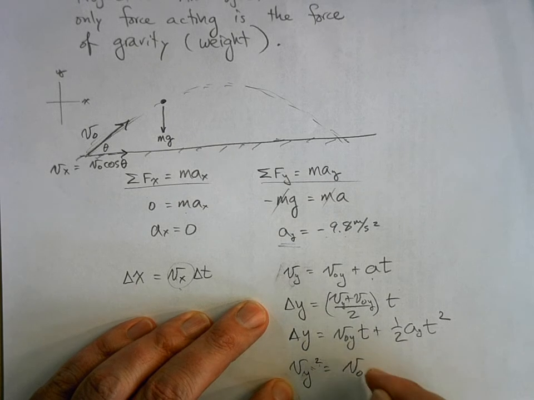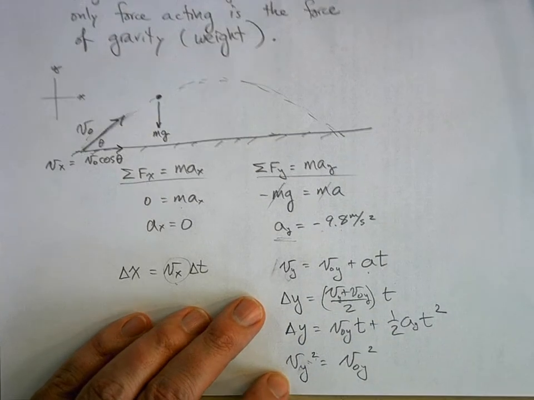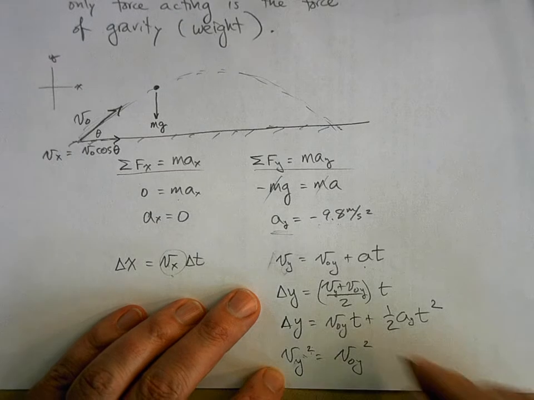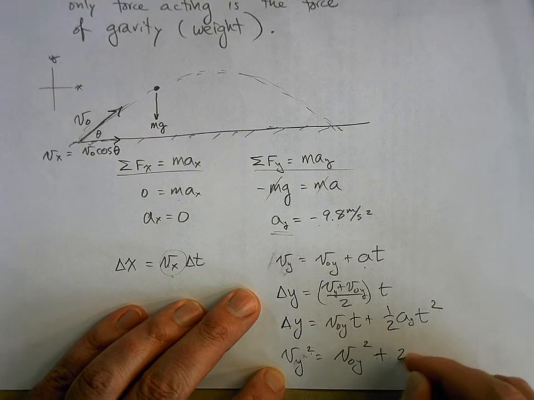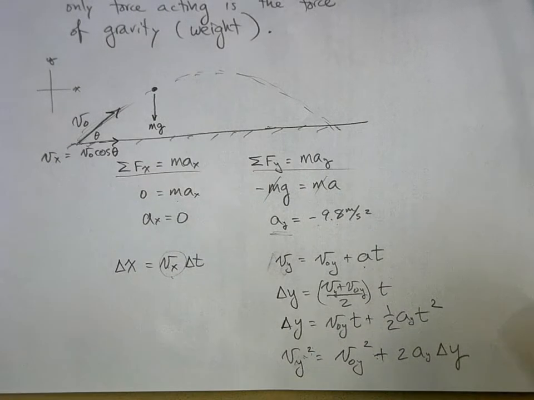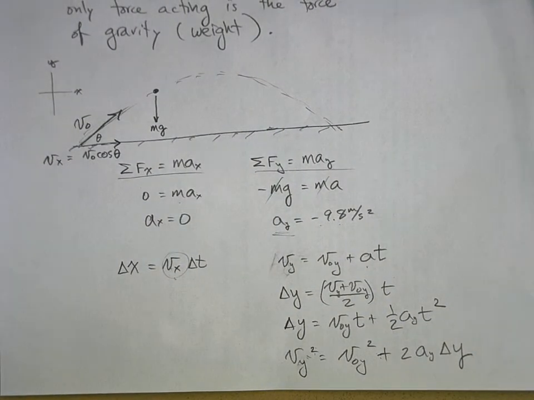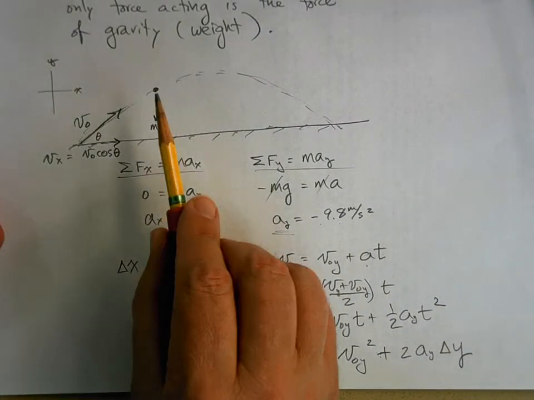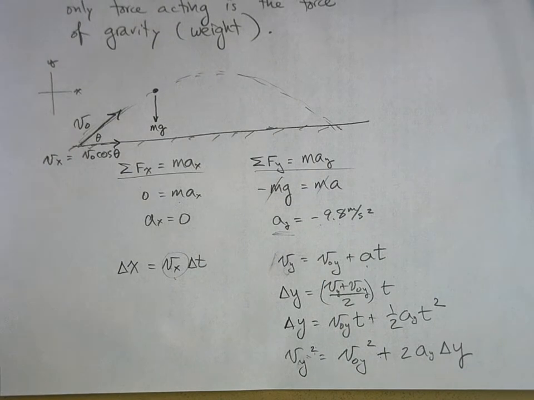You should be thoroughly sick of these equations by now because we've been using them for so long. These are the equations that you're allowed to use when you're looking at this object in the y direction.